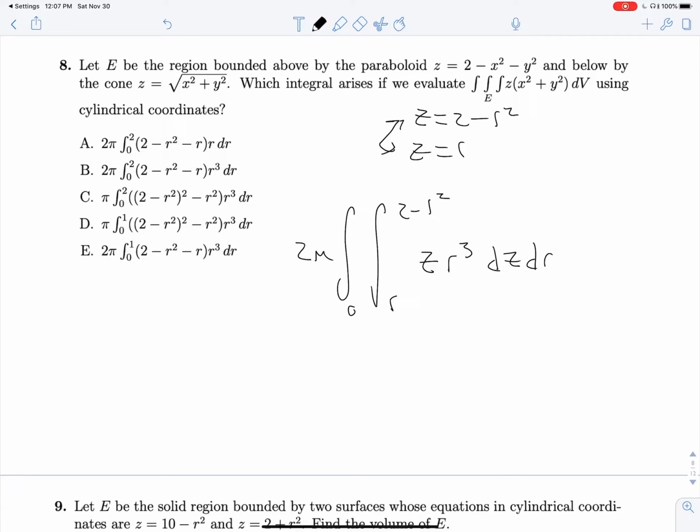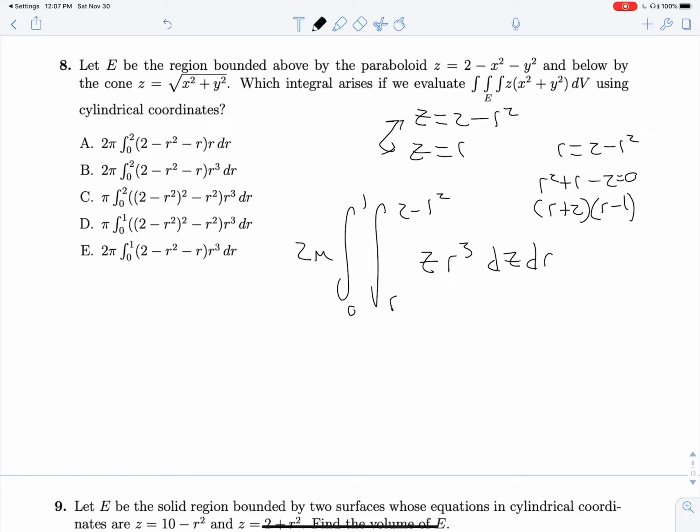So we have r equals 2 minus r squared, or r squared plus r minus 2 is equal to 0, and this factors to r plus 2, r minus 1. And the only positive root that we have here is r equals 1.